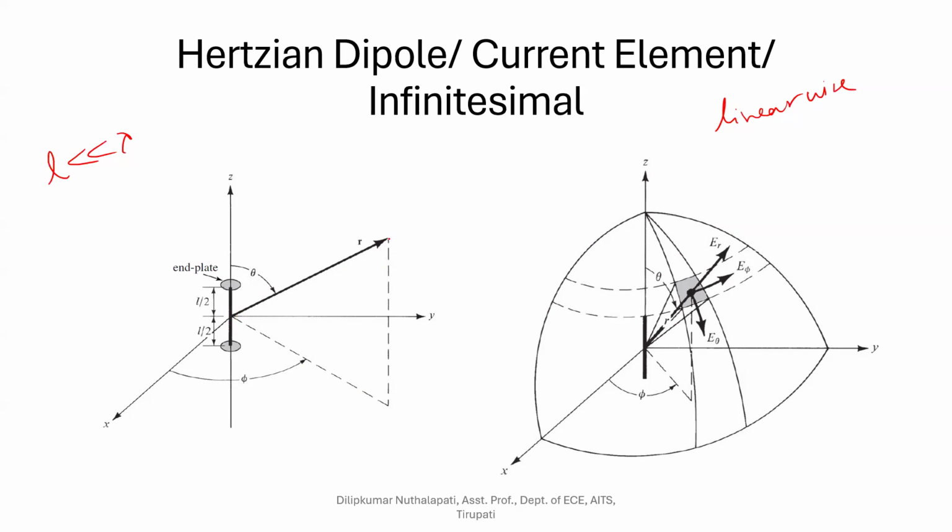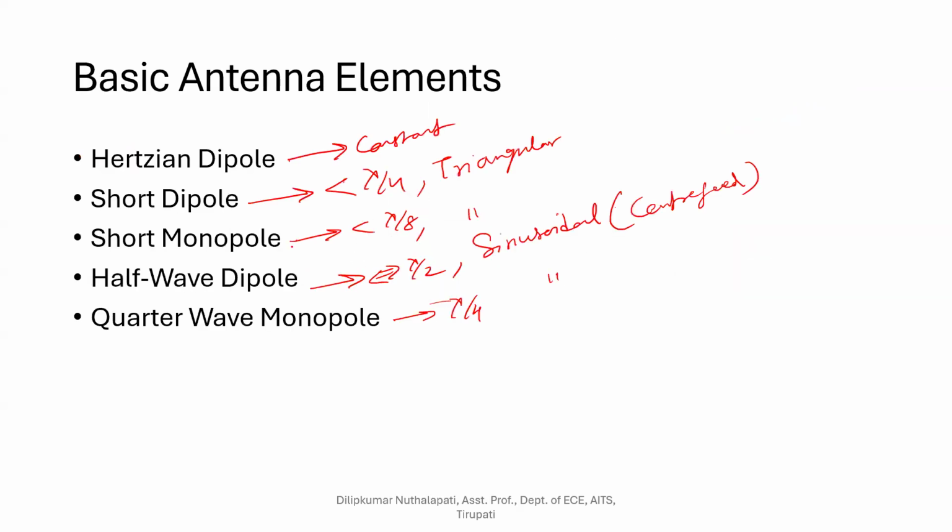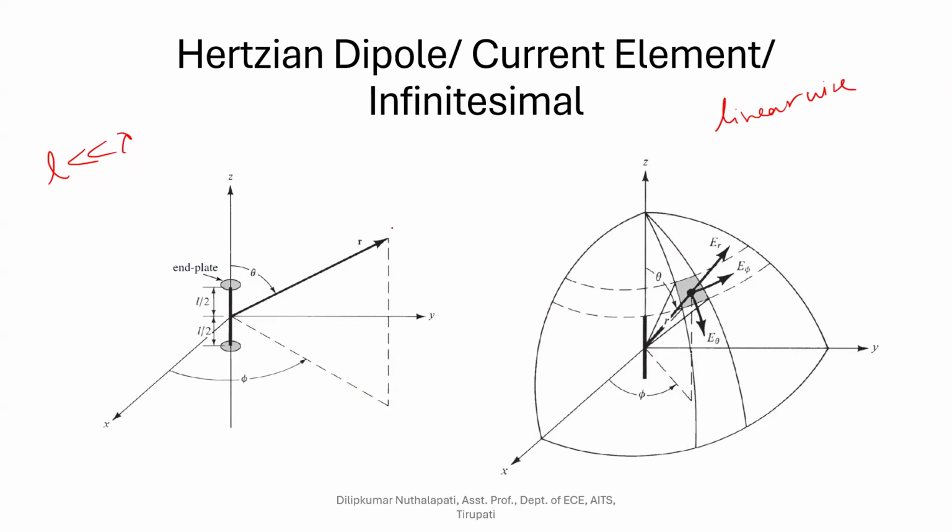At some point P, we calculate different parameters: electric field, magnetic field, vector potential, power, and radiation resistance. P is located at some far distance with respect to the center of this coordinate system.